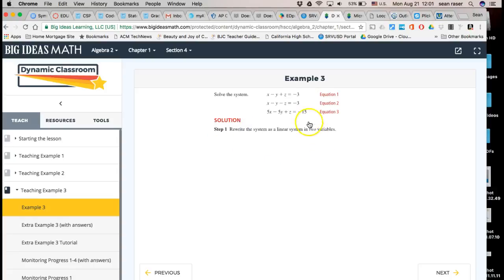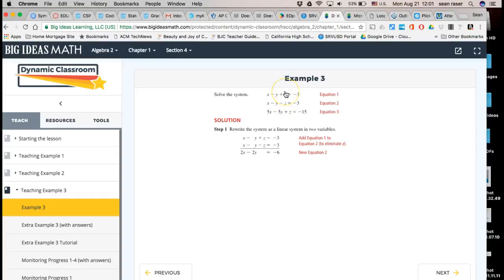The first step is to rewrite this as a linear system in just two variables. So you want to analyze your equations and see what might be easy to cancel out. In this case, we're just going to add equations 1 and 2, because if we do that, we've got z and negative z, and that's going to cancel out.